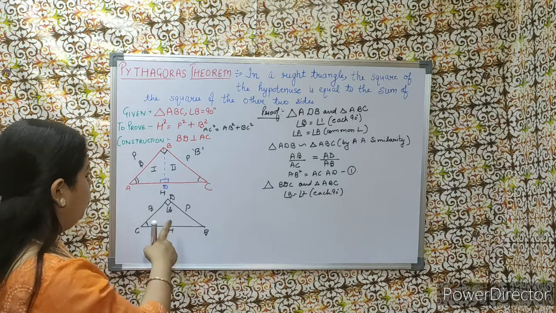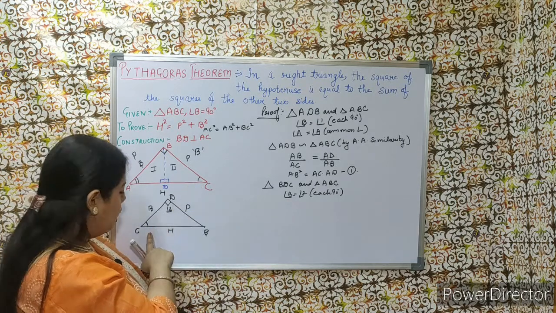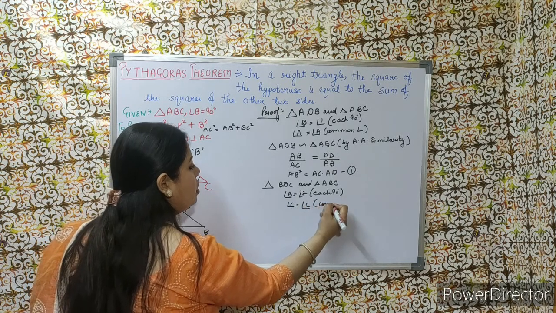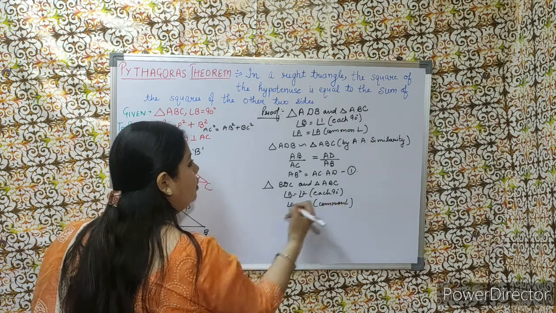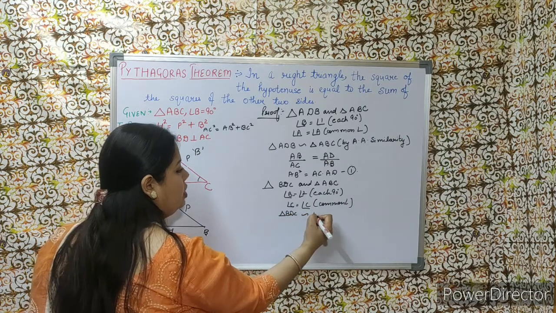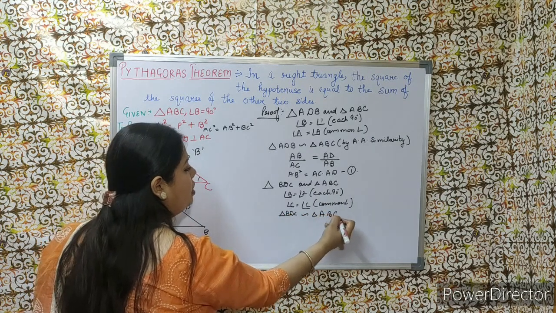And now which angle is common? Angle C is common. So triangle BDC is similar to triangle ABC.